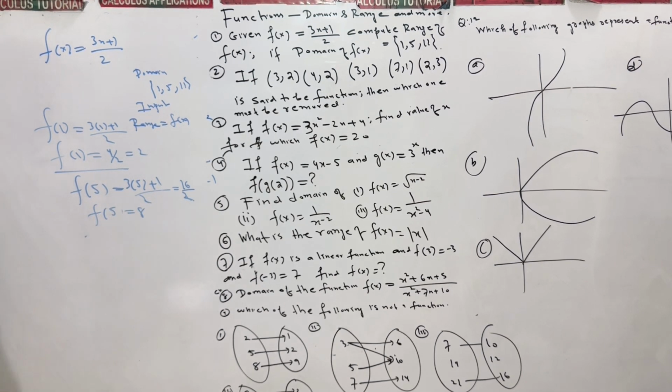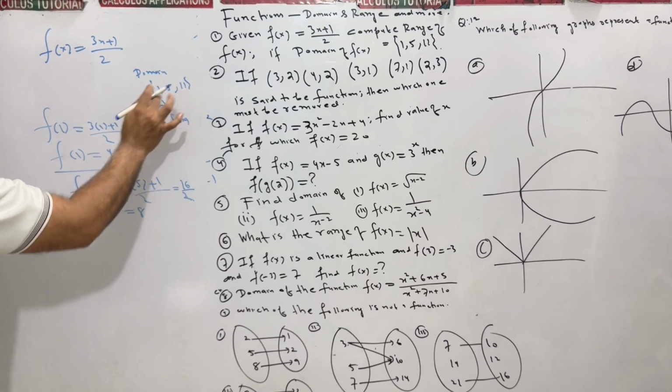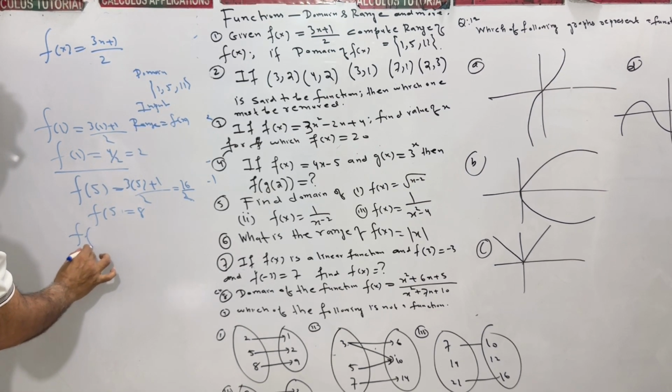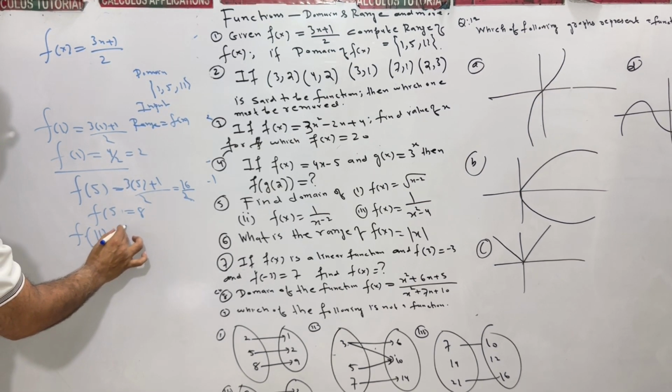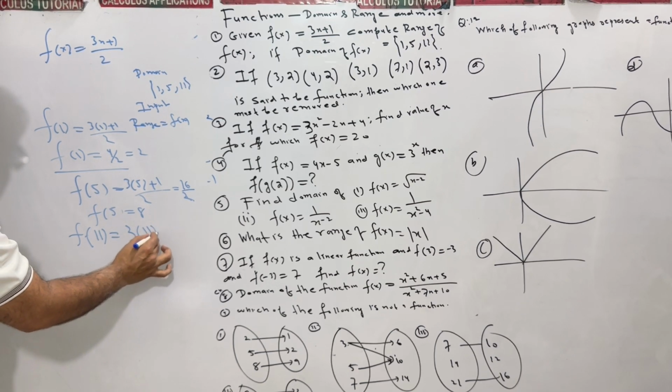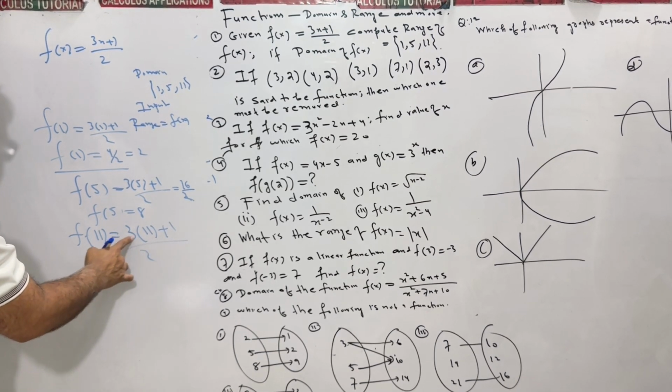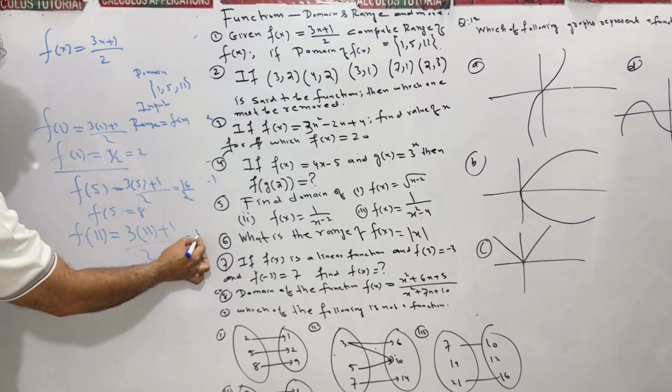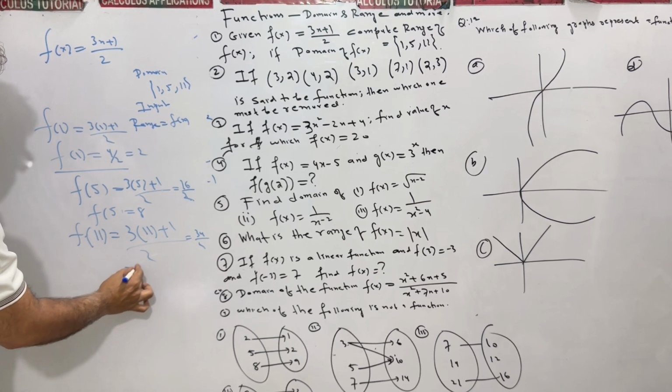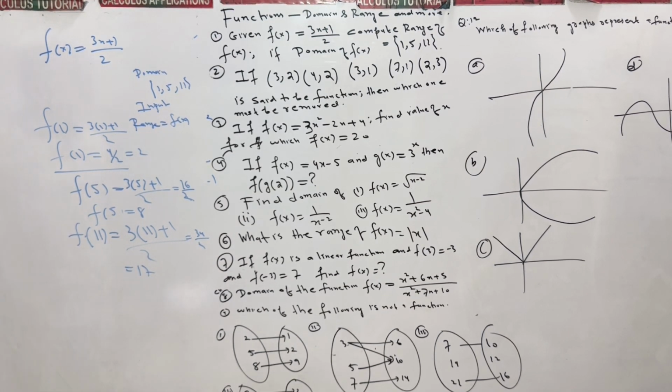Finally, plug in x equal to 11: 3 times 11 is 33, 33 plus 1 is 34, 34 divided by 2 is 17.